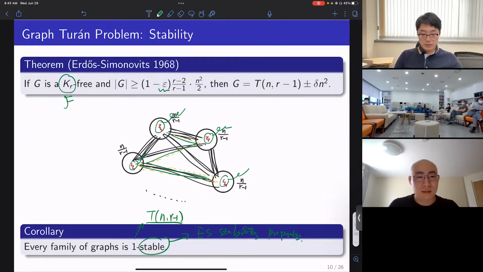So this is what happened in the graph world. You know the Turán density of any family. You know the structure of any F-free construction with many edges. We basically know everything here.